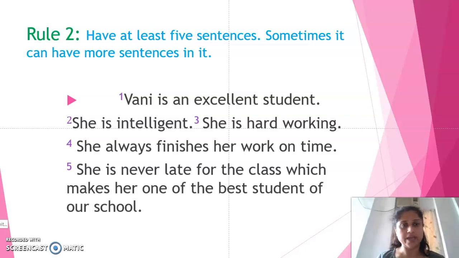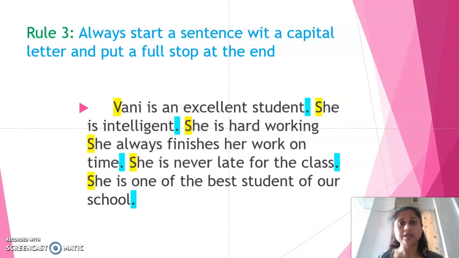We move on to the next rule, rule number 3. Remember, punctuation. It is very important to always follow punctuation rules while writing any language. Paragraphs are no different. Creative writing also is bound by rules of punctuation. So rule number 3 states that you have to always start your sentence with a capital letter.